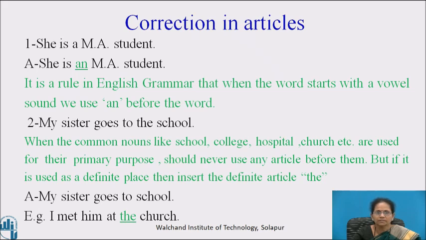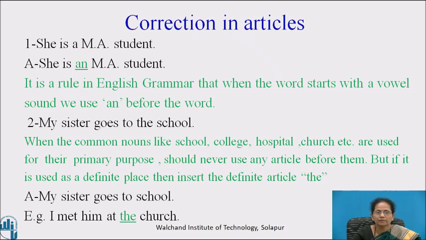The answer is: she is an MA student, because it is a rule in English grammar that when a word starts with a vowel sound, we use an before the word. So in this sentence, MA starts with a vowel sound. That's why the correct article is an.